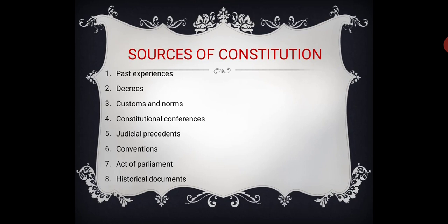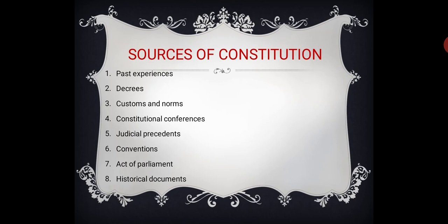Number 2, we have decrees. The laws made by military in many countries or states where the ceasefire serve as a source of Constitution. Number 3, we have the customs and norms.